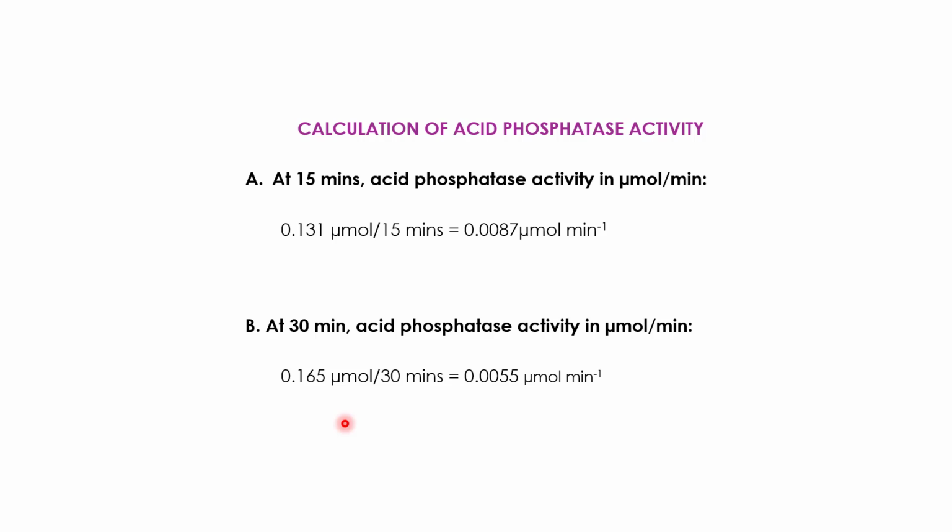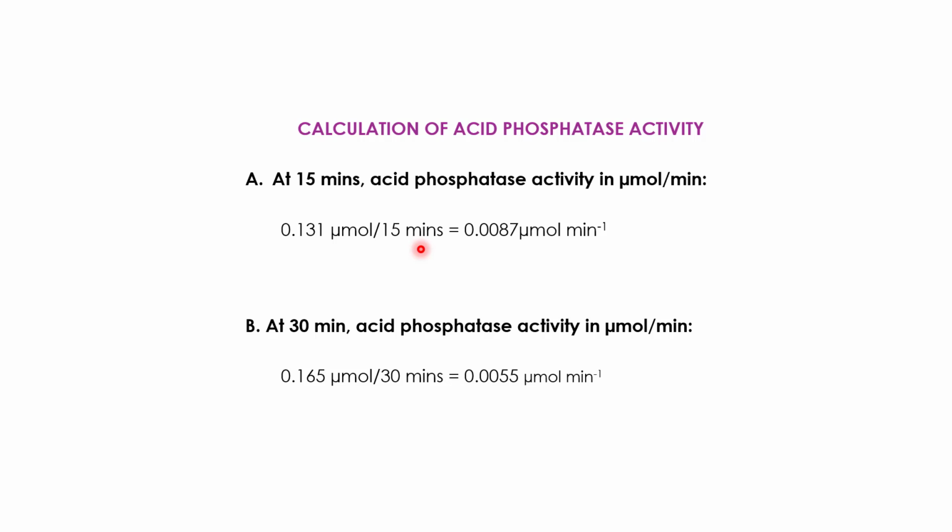Now let's look at the calculation of the acid phosphatase activity. First, we are going to calculate the enzyme activity at 15 minutes and also at 30 minutes. At 15 minutes, our acid phosphatase activity, expressed in micromole per minute, is given as the moles of p-nitrophenol determined from the calibration curve divided by the time.